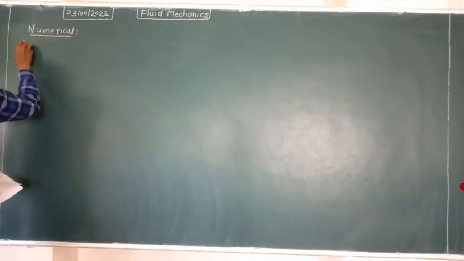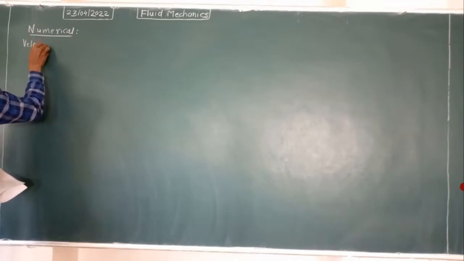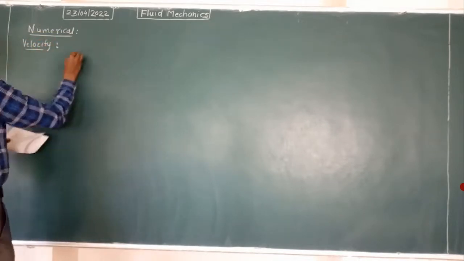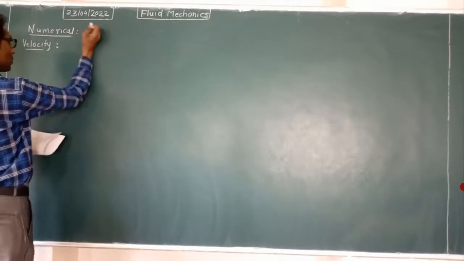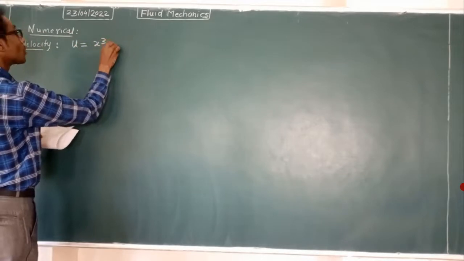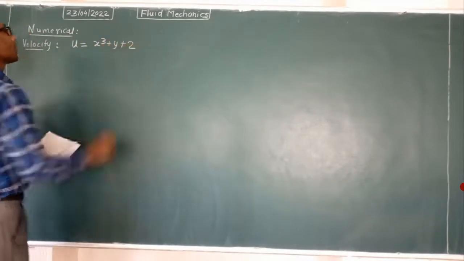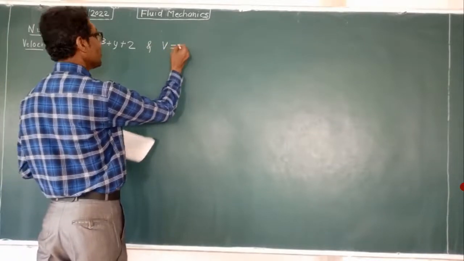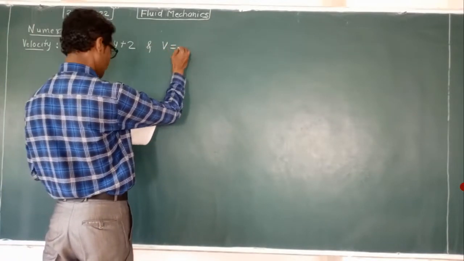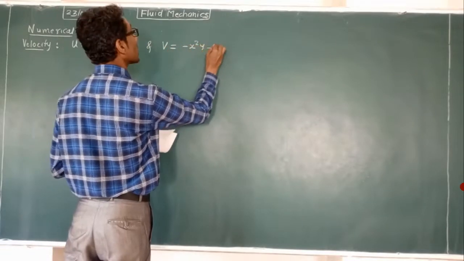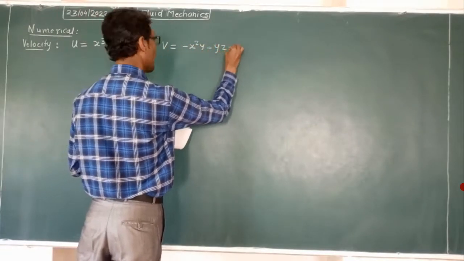The velocity components are given. u is equal to x cube plus y plus z, and the v component is given as minus x square y minus yz minus x.